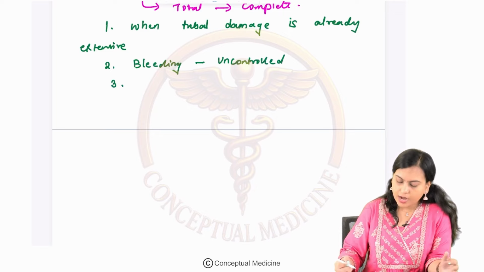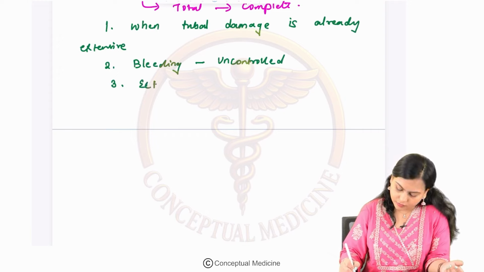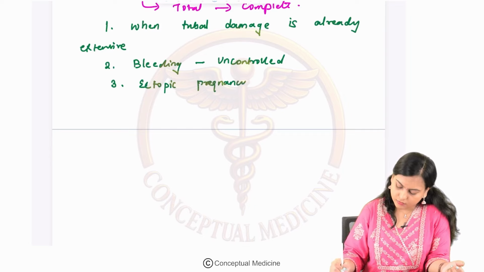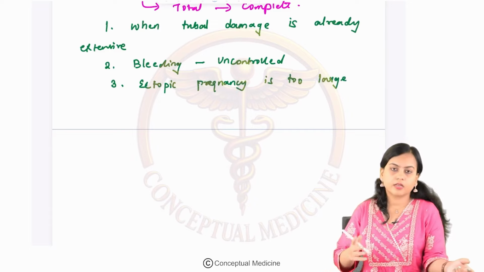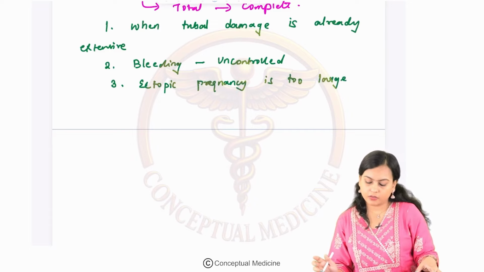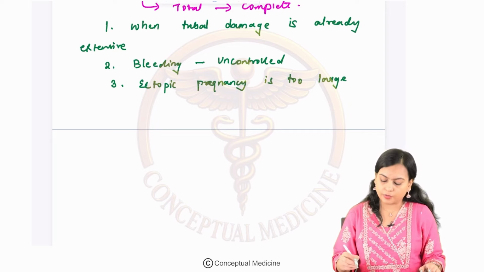Okay, and the ectopic pregnancy is too large. That means it is better to completely cut off the tube. Okay, and you will be reducing the risk of ectopic pregnancy in future pregnancies.